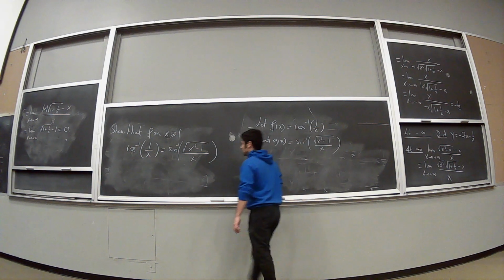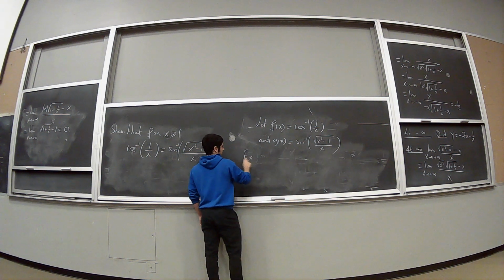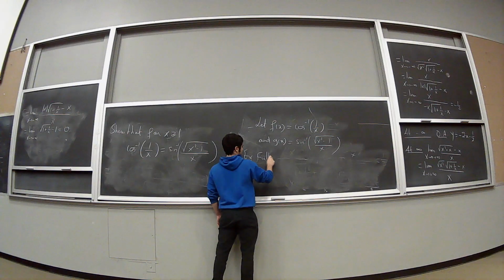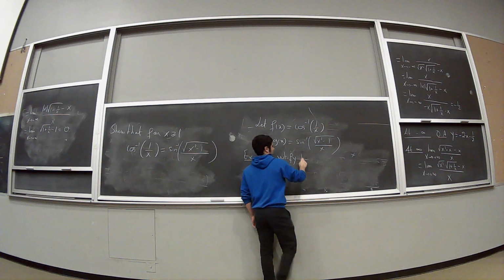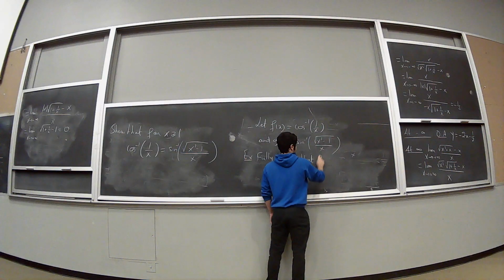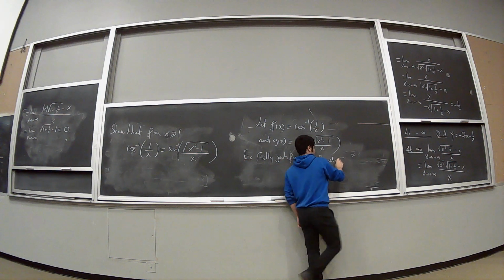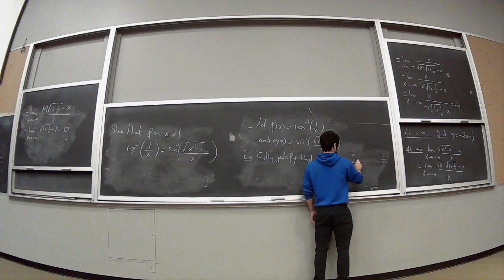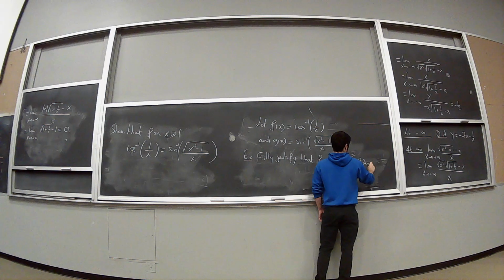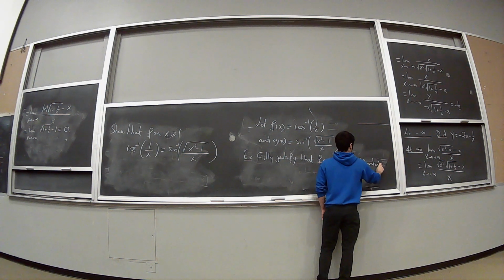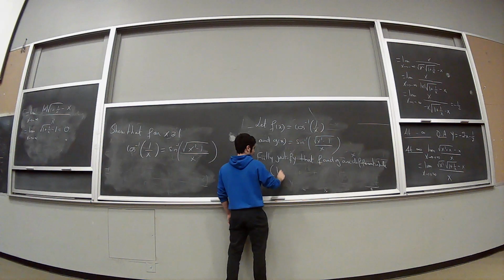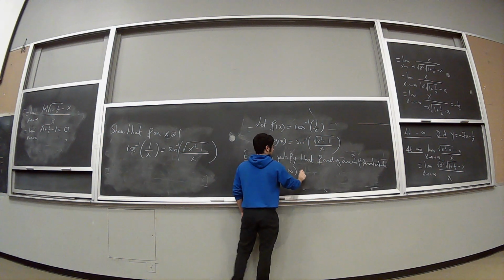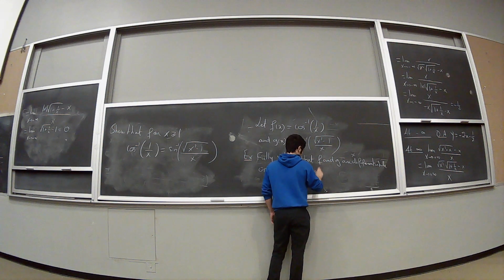Okay, I'll leave it to you as an exercise. Fully justify that f and g are differentiable on the open interval 1 to infinity and continuous on 1 to infinity.